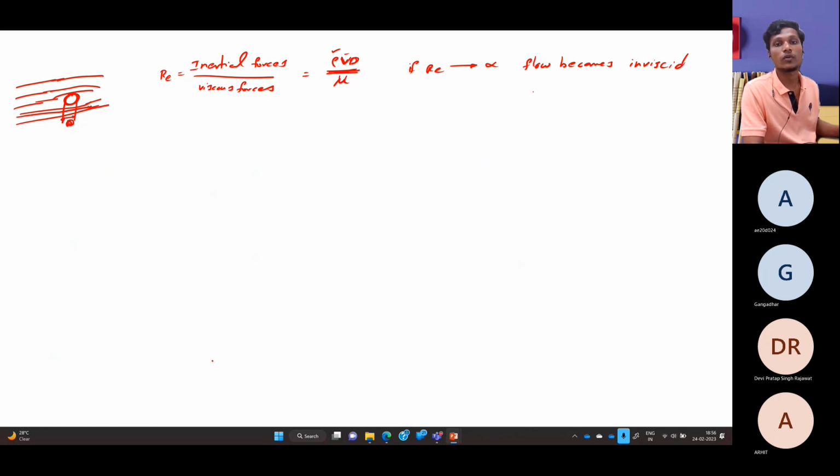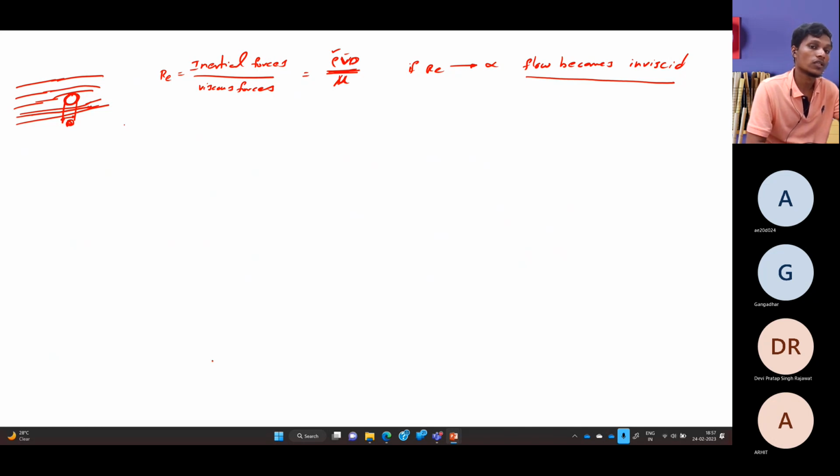Why? Because if you substitute Reynolds number tends to infinity, the viscosity mu value should tend to 0. That is why we say that when the Reynolds number tends to infinity, flow should be inviscid. This can also be verified by the momentum equation.